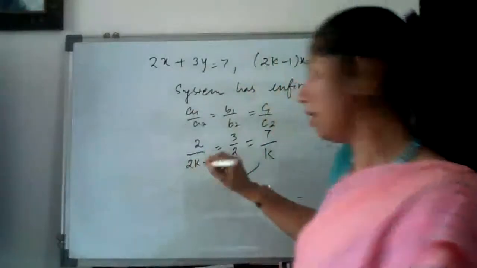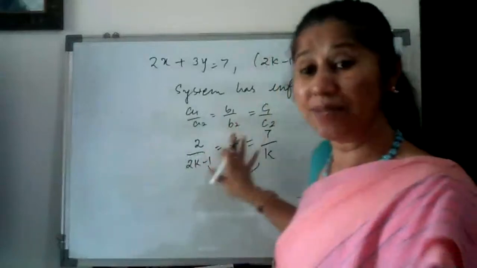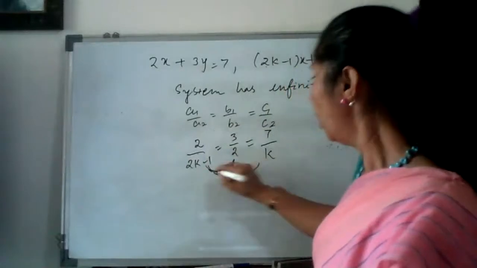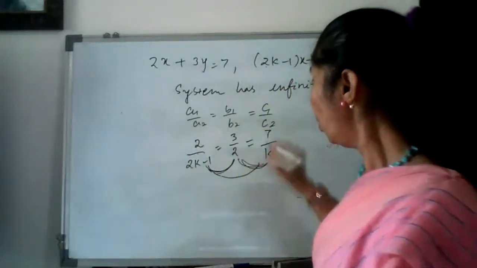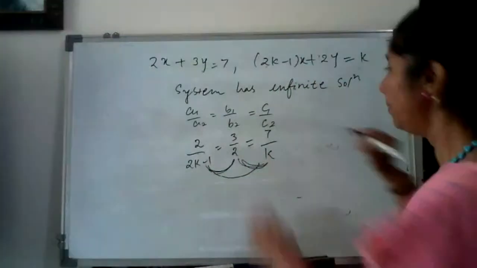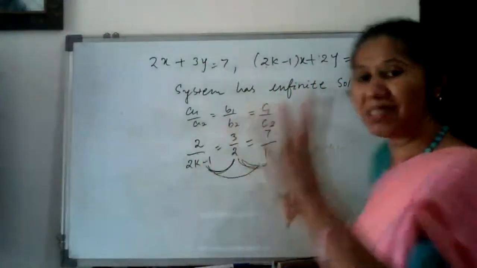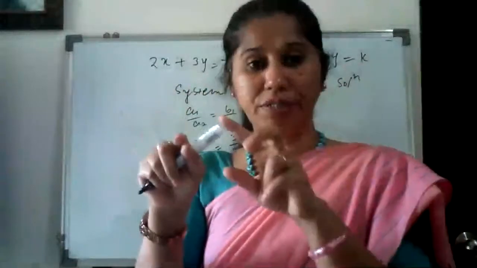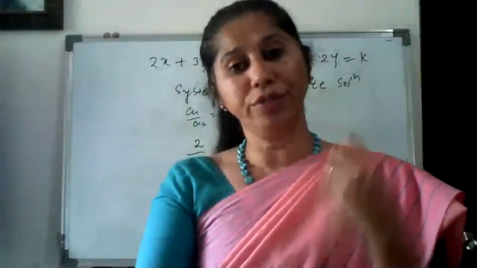I'll just tell you a hint of it, because I'm not taking a perfect question. Please remember this. So either I can compare the first and second, or I can compare the second and third, or the first and third, because आपके पास तीन चीजें हैं, so you can make the pair of first and second, second and third, or first and third, and you can solve the equation further.